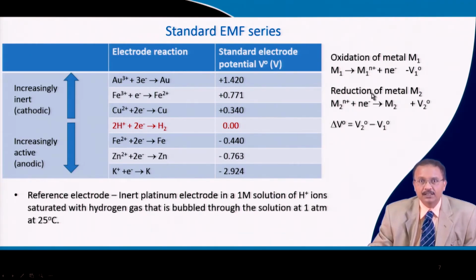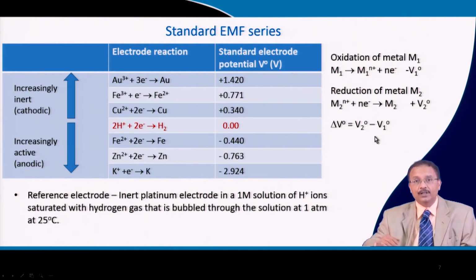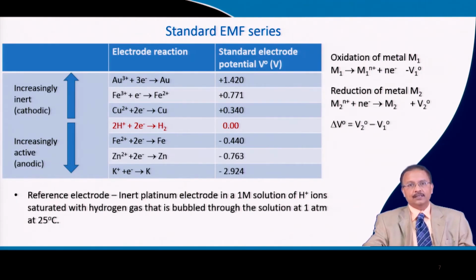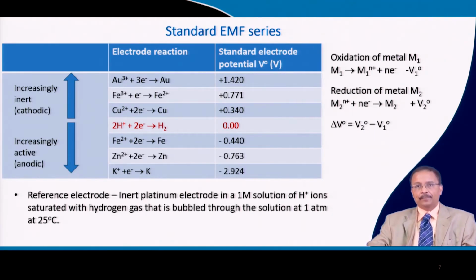For the reduction of the metal, this kind of reaction takes place and pure metal is electrodeposited, and the standard electrode potential in this case is taken positive. So, the voltage difference is nothing but V2 minus V1, that we already described when we talked about the Daniell cell. You have seen it, zinc and copper, we get a voltage out of it.